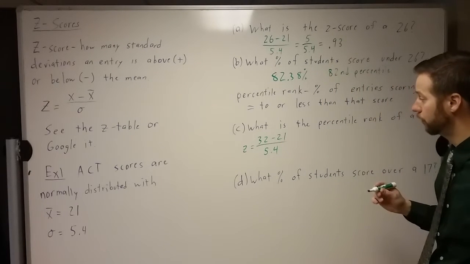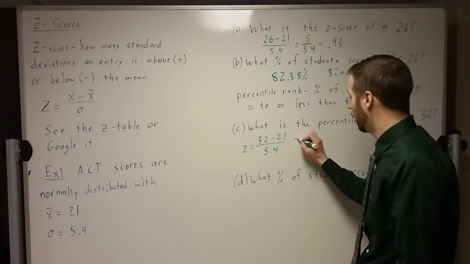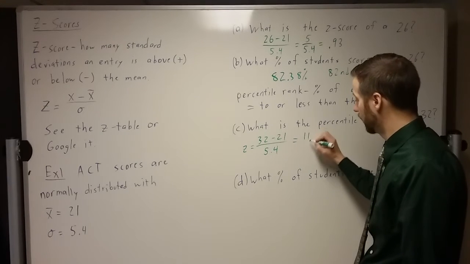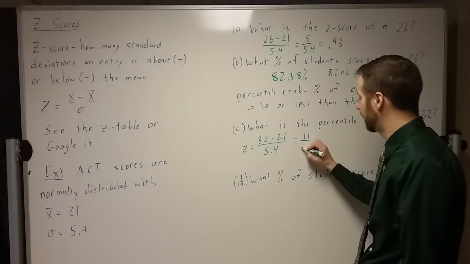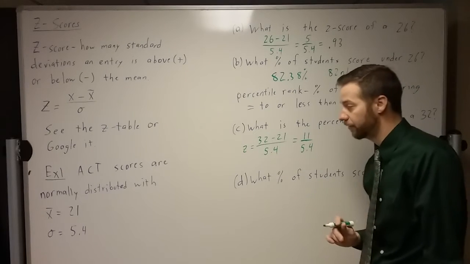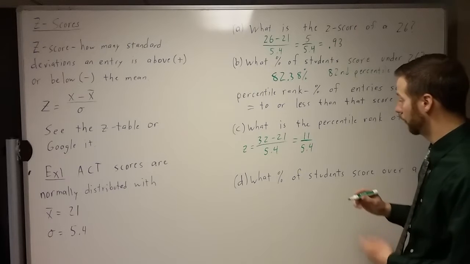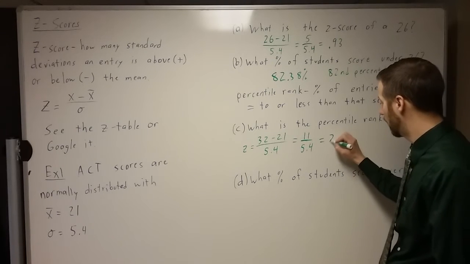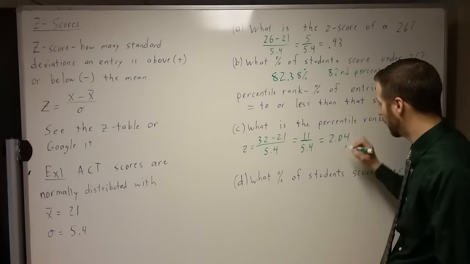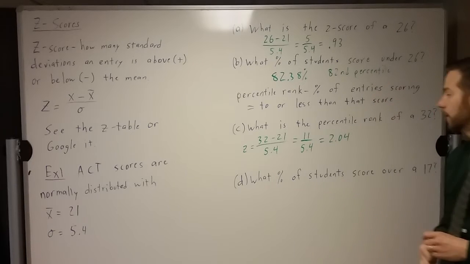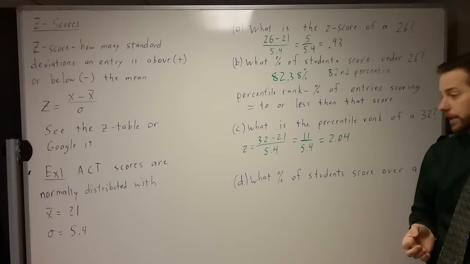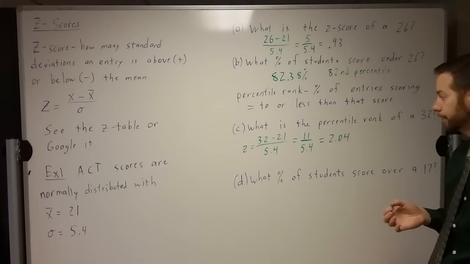So 32 minus 21, we are 11 points above the average. The standard deviation is 5.4, and 11 divided by 5.4, we're a little more than 2. 2.04 is our z-score if we have a 32 on the ACT.